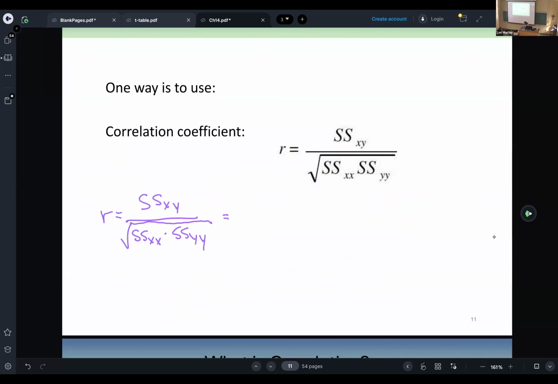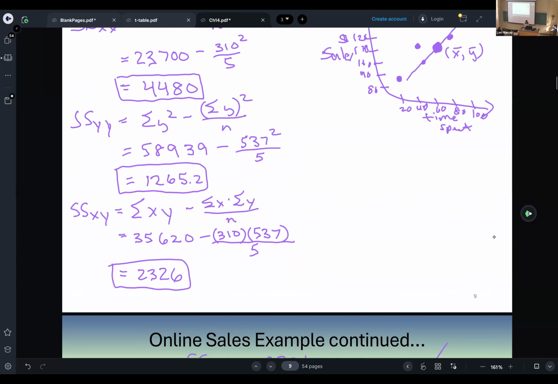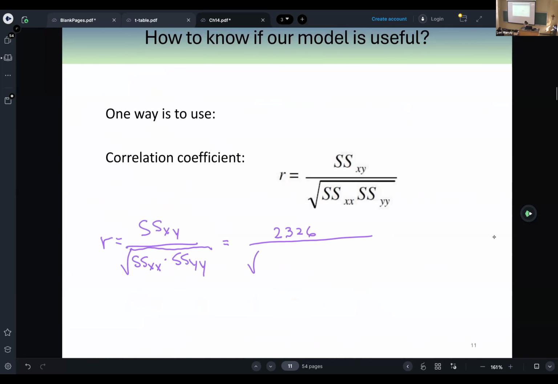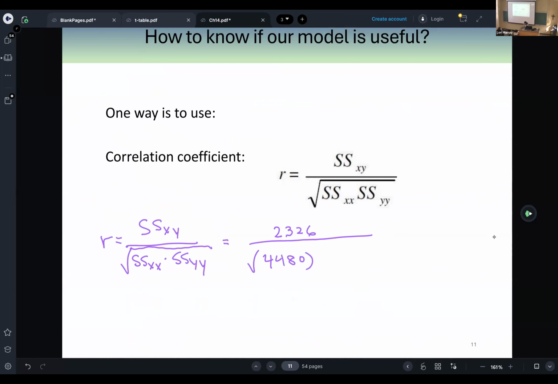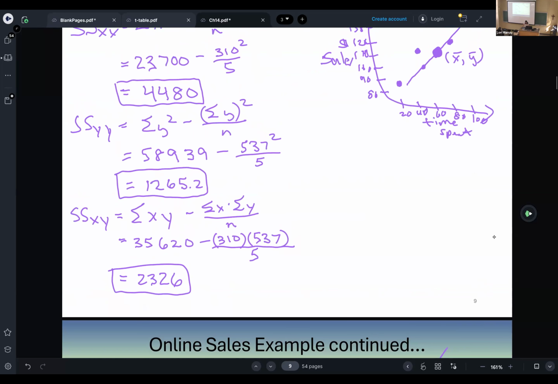So that's our numerator. 2326 divided by the square root of the x's is the first value. We got 4,480. So we'll plug that in. And we're going to multiply, make sure it stays in, keep your values inside that square root, we're going to multiply it by the y's, 1265.2.